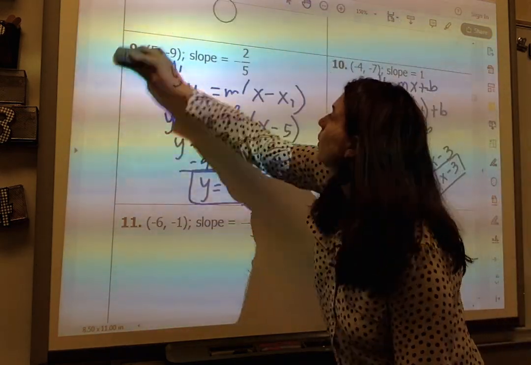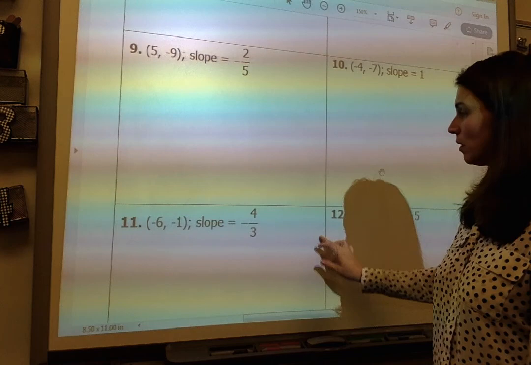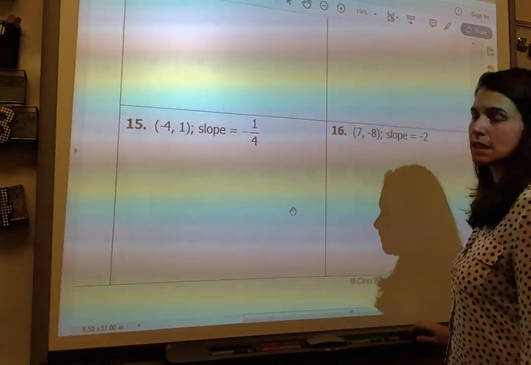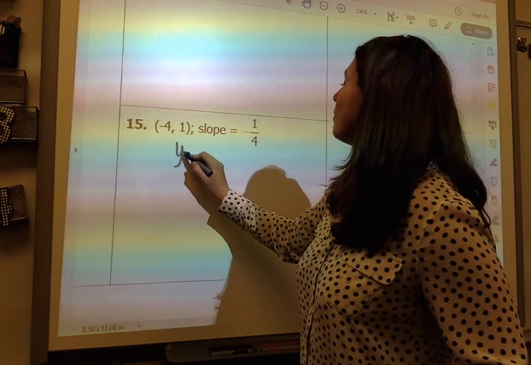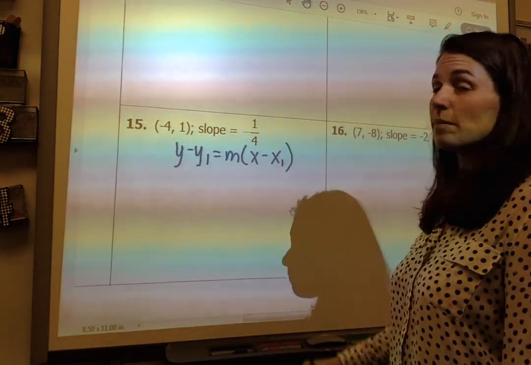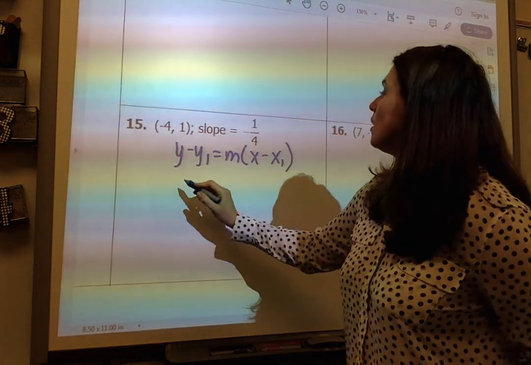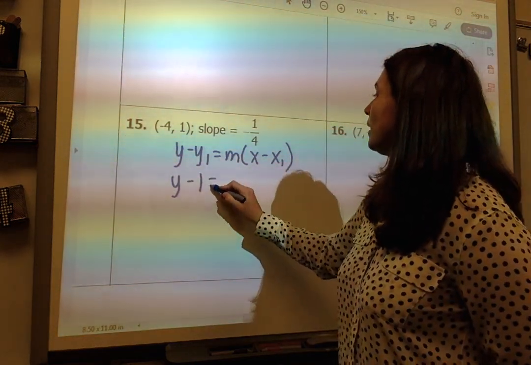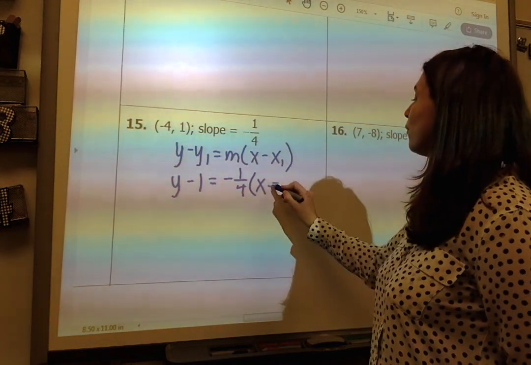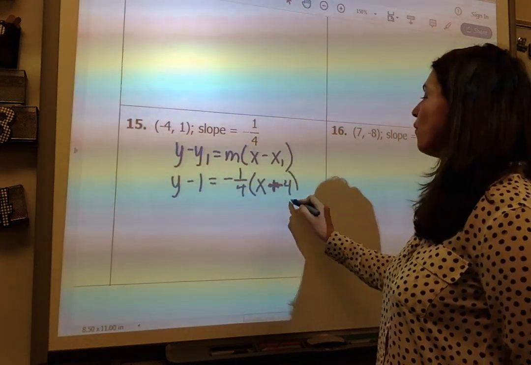Let's do a couple more in your journal. Let's do 15 and 16, okay? So y minus y1 equals m times x minus x1. That's my formula. I write it down. So I get y minus 1 equals -1/4 times x minus a -4, which is positive 4.